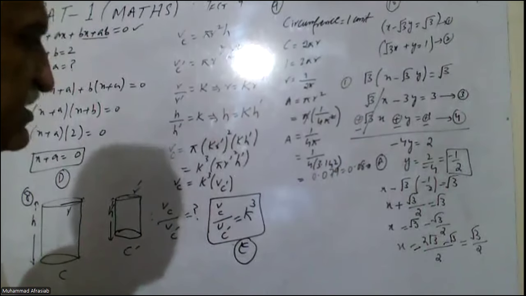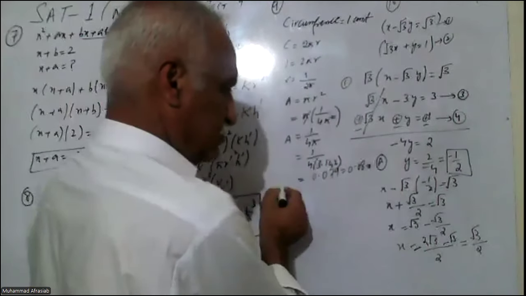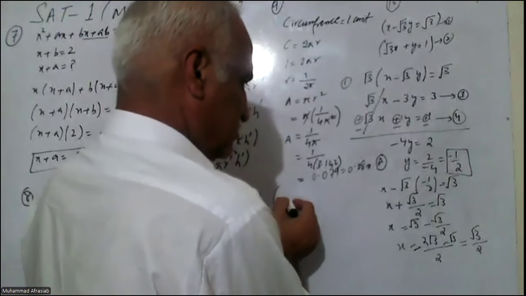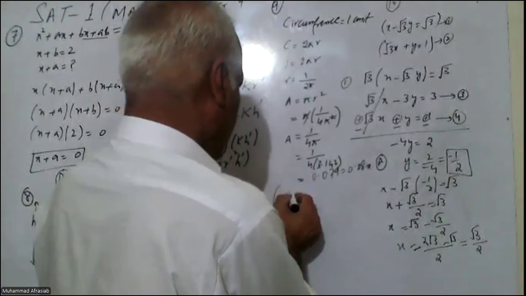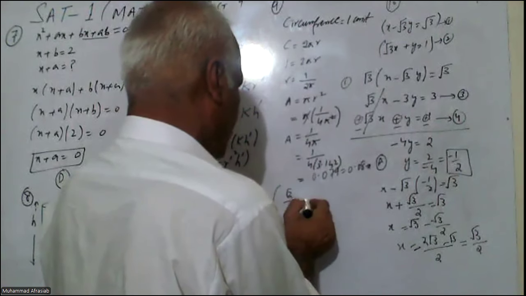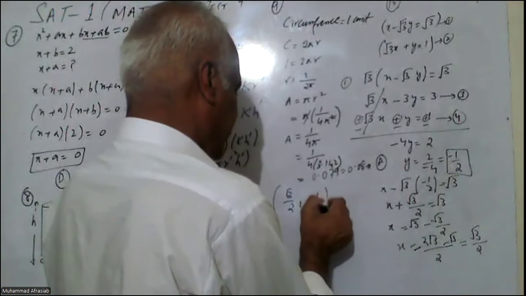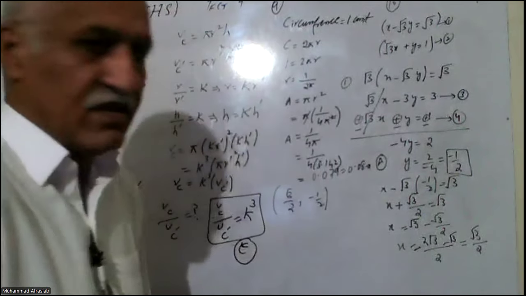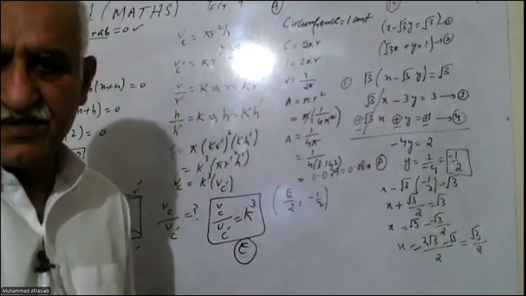So the final answer will be equal to square root of 3 over 2 minus half, or you can have this answer from this choice.